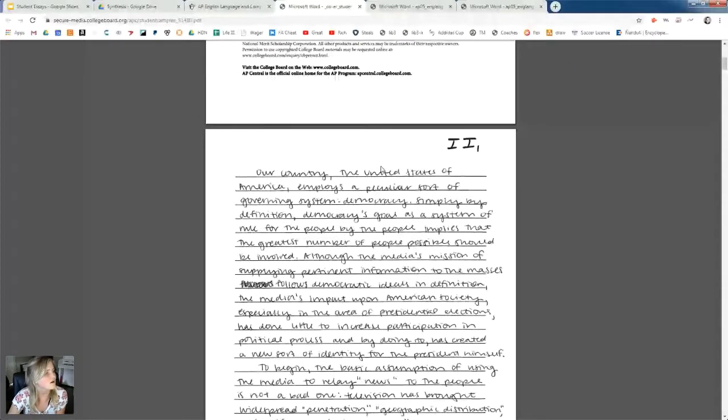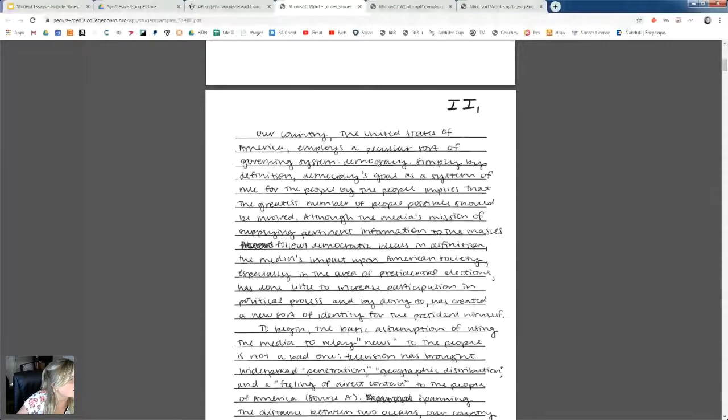Our country, the United States of America, employs a peculiar sort of governing system, democracy. Simply by definition, democracy is good as a system of, I'm having a hard time with their handwriting, blank, for the people, by the people, implies that the greatest number of people possibly should be involved.